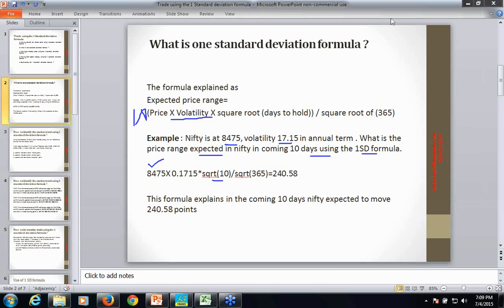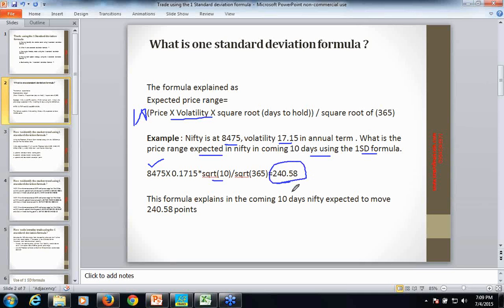Nifty can show oscillations of 240 points based on this formula, for the coming 10 days. This data we got using the one standard deviation formula.